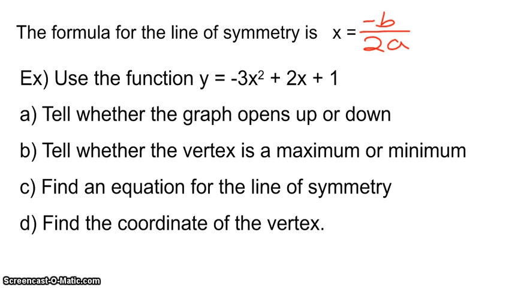When we see this negative a, which is negative 3, we know that it's going to open down. When the parabola opens down, it's going to look like a frown, and we consider the vertex to be a maximum.